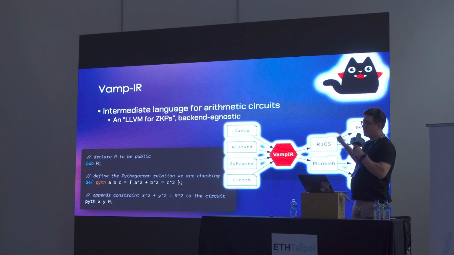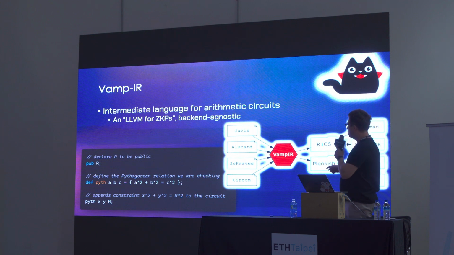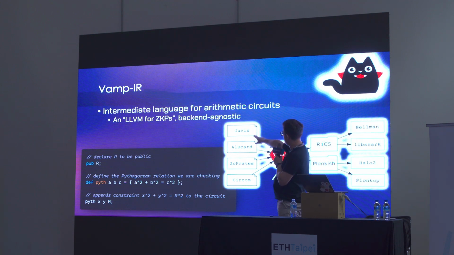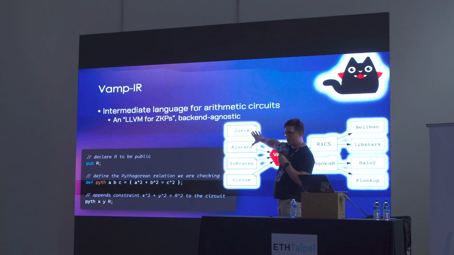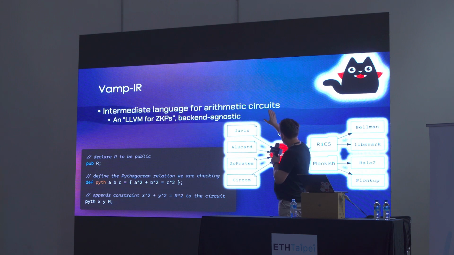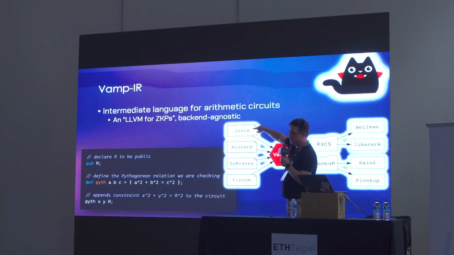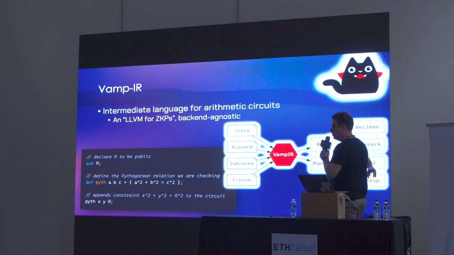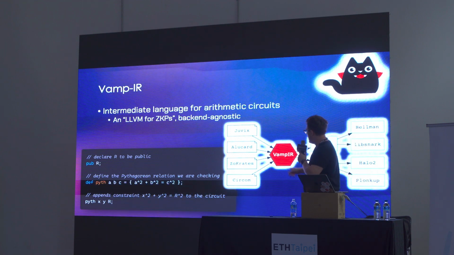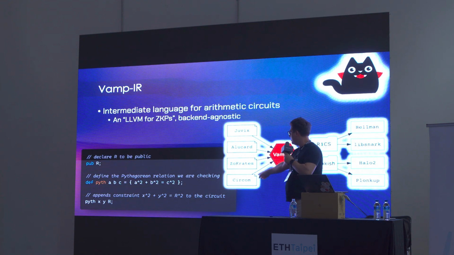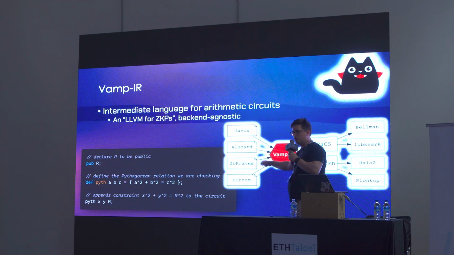Some of these paths are possible today, but not all. Alucard and Juvix are two languages that are developed in Heliax, so these are developed by us. This compilation is under heavy development right now. This does work. From here, you can go to Halo 2 and Plonkup right now. There is definitely work happening on supporting other languages, but I don't know the current exact state of this, how far along the team is.